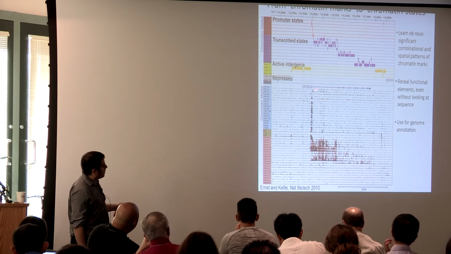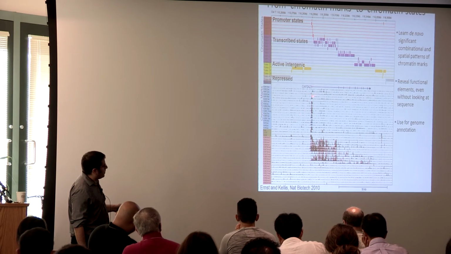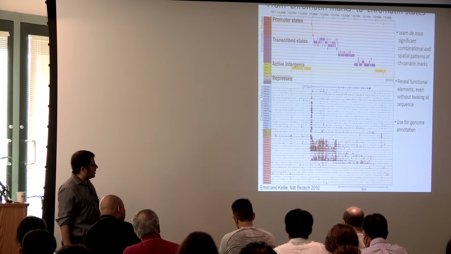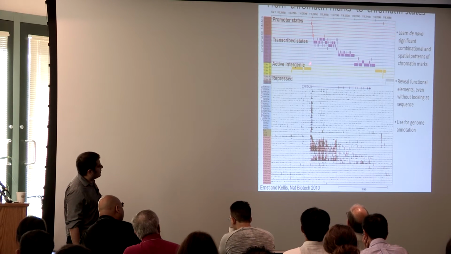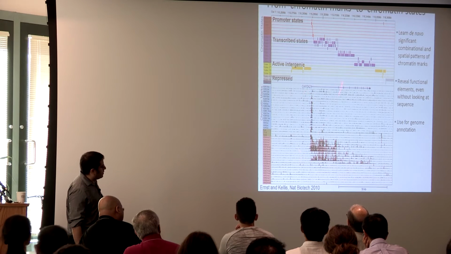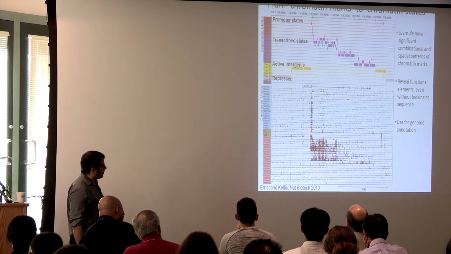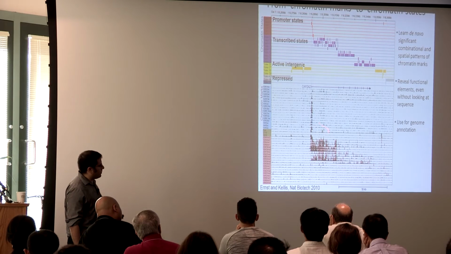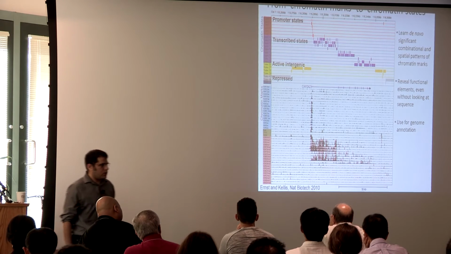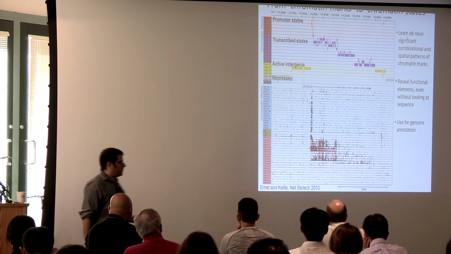What had traditionally been done was a focus on analyzing one mark independently. I was interested in the question: could we take all the marks you have across some location in the genome and start classifying that location into one of a finite number of what we term chromatin states?